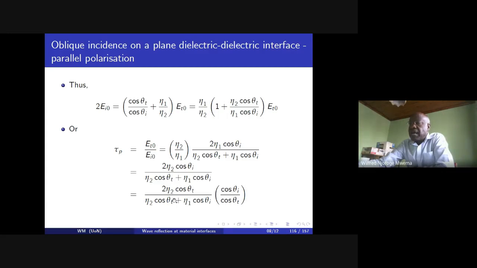But unlike that for the normal polarization, we have another multiplying factor, which is the ratio of the cosines of the angle of incidence and the angle of transmission.